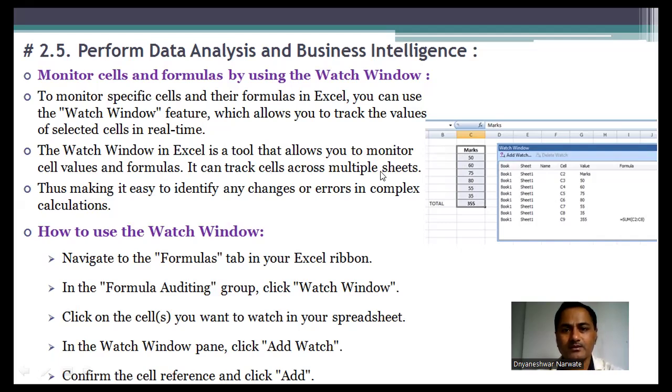And it can track cells across multiple sheets as well. That means whatever data we select from multiple sheets, we are able to see the details over here, and thus making it easy to identify any changes or errors in the complex calculations.